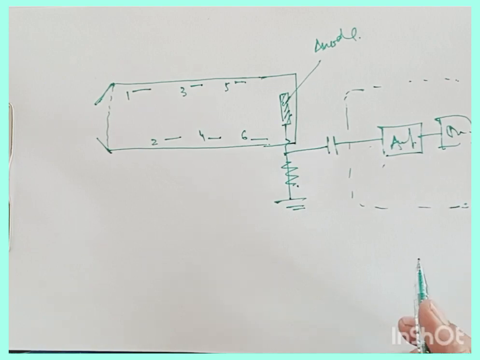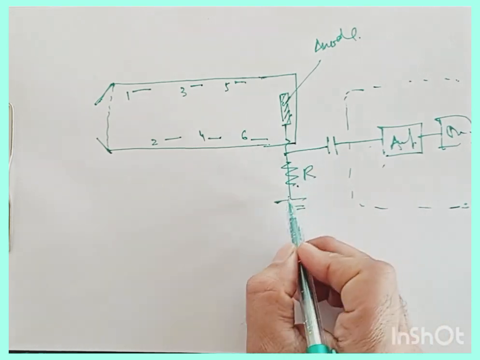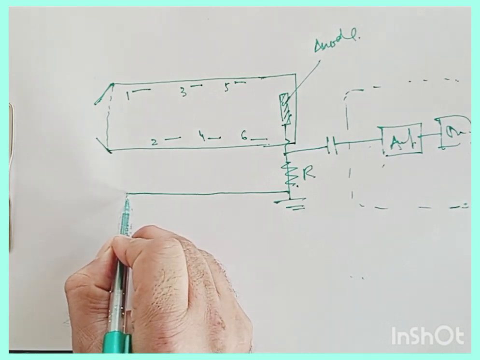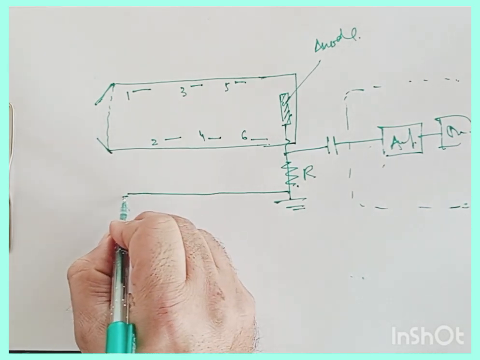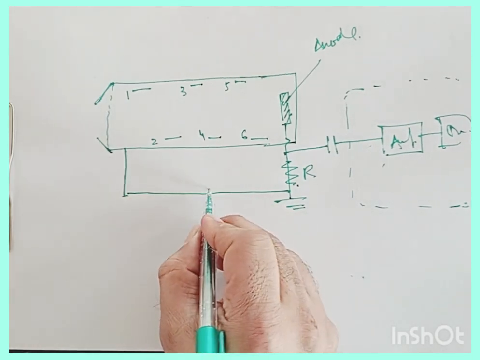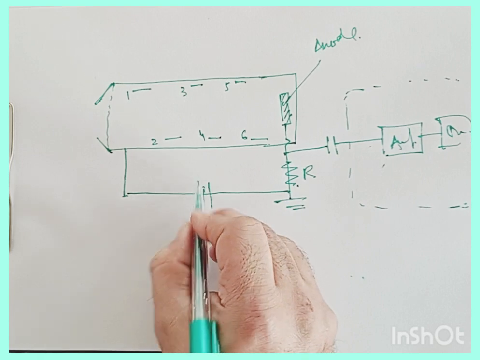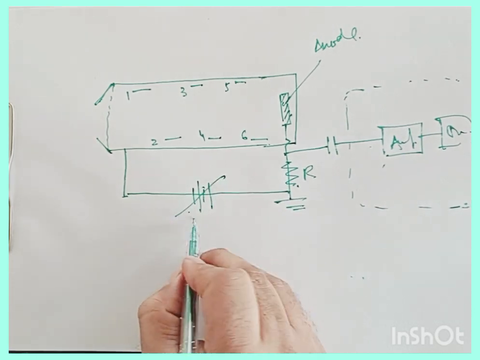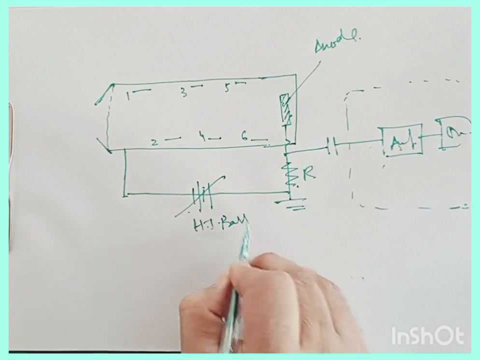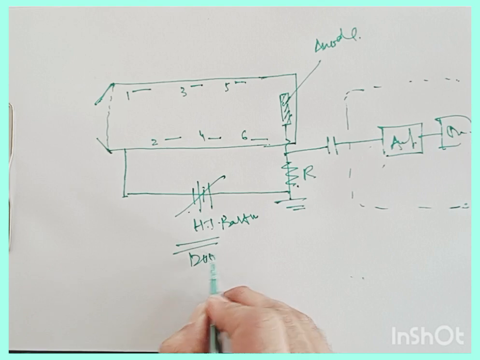So here we have a resistor R, and then we will have to connect it to the shield. Here we have a high tension battery, and its range is 1200 volts.